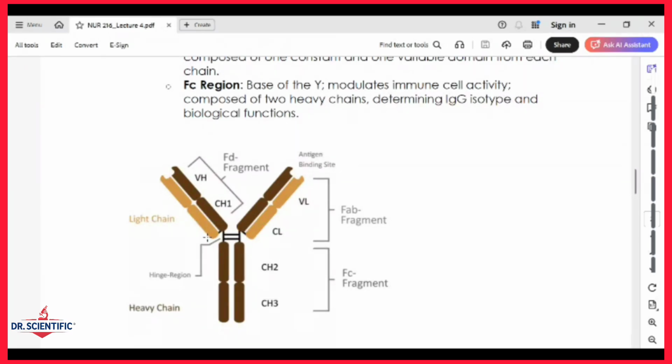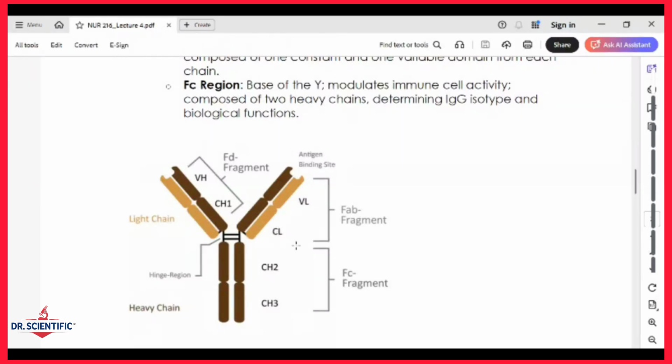Then we have the variable domains. This is the variable domain on the heavy chain. This is the constant domain on the heavy chain. Then this outer part is the variable domain on the light chain, and this is the constant domain on the light chain.